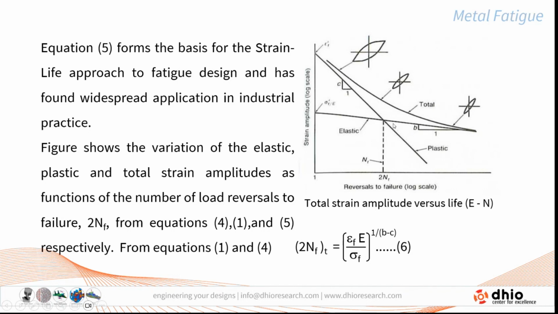The elastic behavior of the material is treated here, with a slope equal to b, whereas the plastic behavior is plotted here, with the slope c. Now the resultant of this is the actual behavior of the material in the highly stressed component, treated under the strain approach.